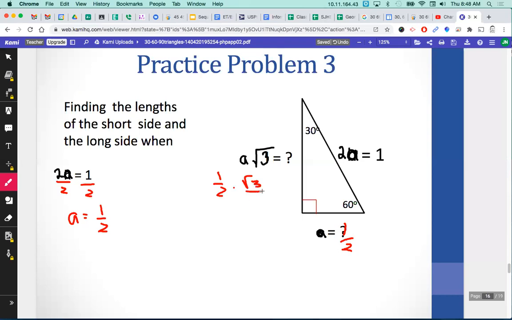I can write that radical 3 as radical 3 over 1. I get radical 3 over 2. So these are our two lengths. The longer leg is radical 3 over 2. The shorter leg is 1/2. A pretty straightforward example with having a hypotenuse that has a length of 1.